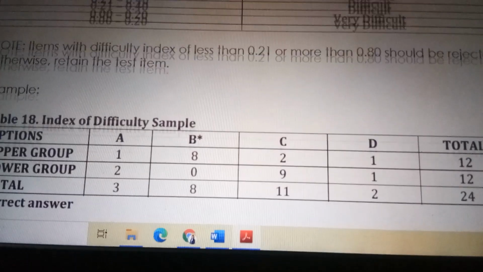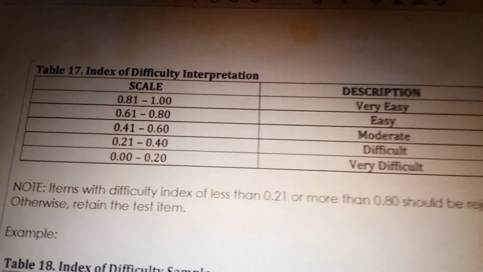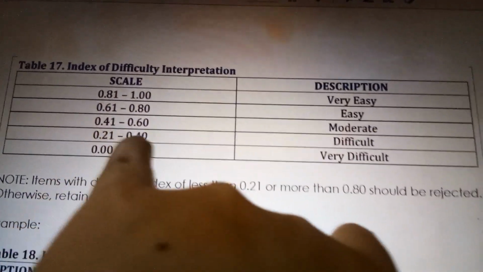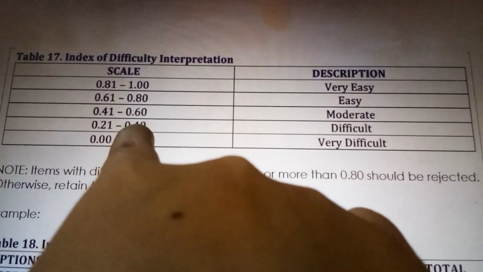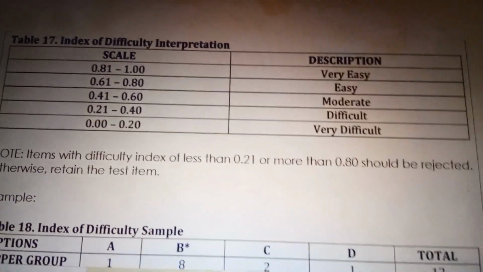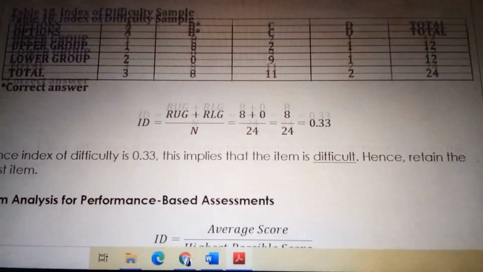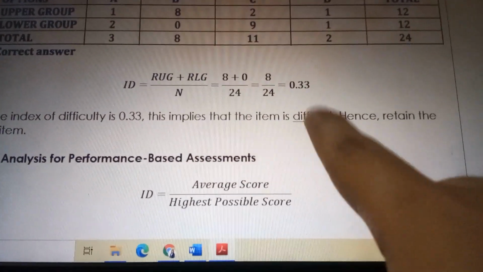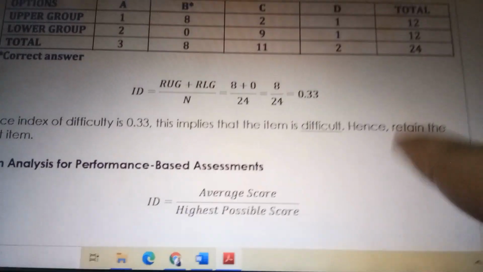Ngayon, babalikan natin si table. Saan ba ang 0.33 dito? 0.33 is within 0.21 to 0.40, which is interpreted as difficult. Okay? Therefore, this particular item is difficult. Since difficult yan, we have to retain it.